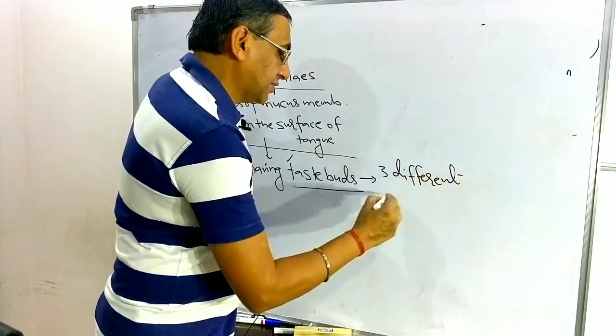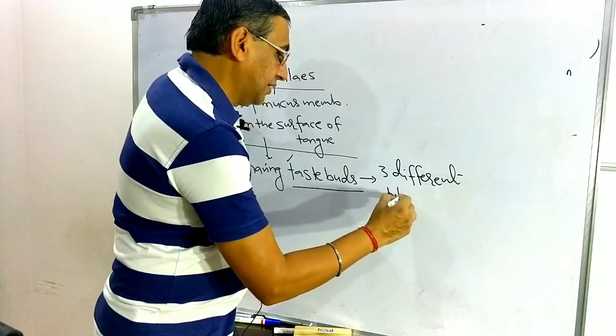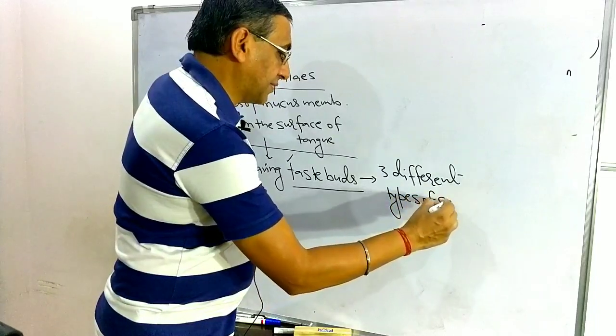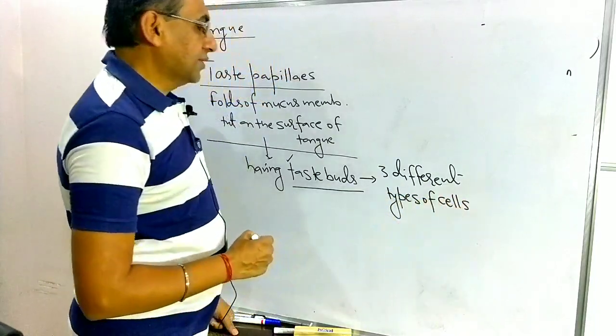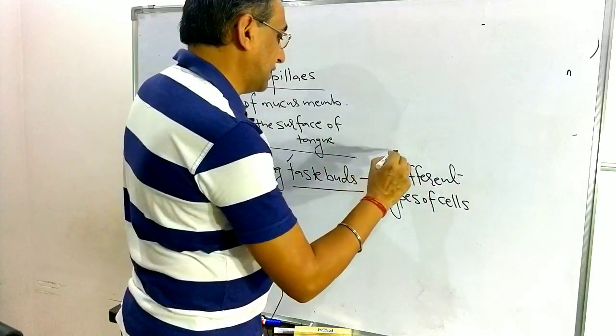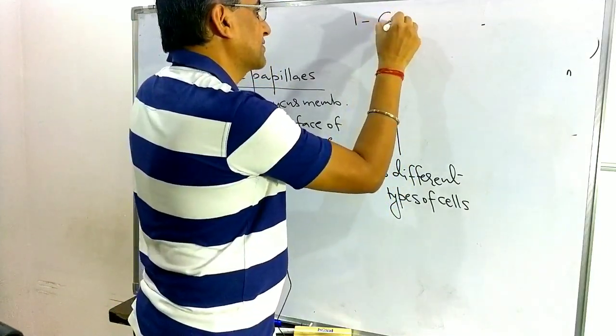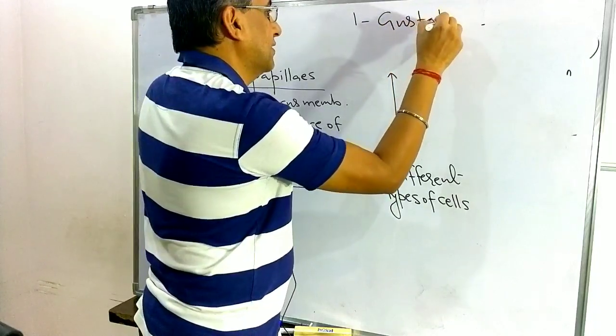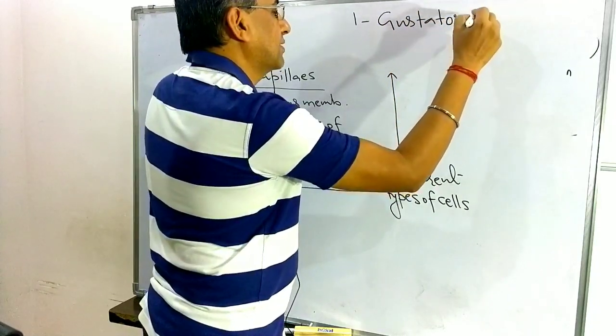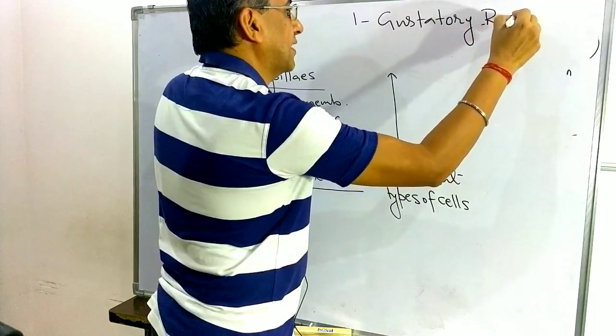How many types of cells are present? Three different types of cells are present in the taste buds. One is known as the gustatory receptor cell.